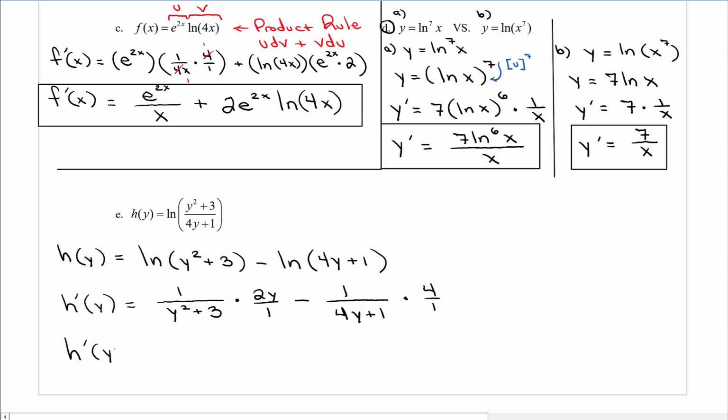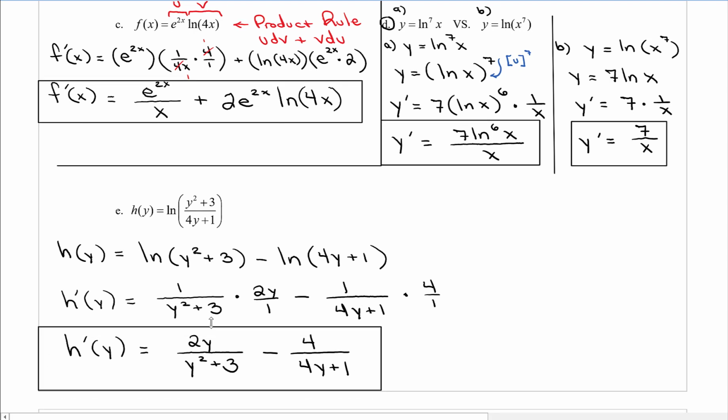And we are using the chain rule here. H prime of y will be equal to 2y over y squared plus 3 minus 4 over 4y plus 1. And we're going to go ahead and box that in, and that's going to be our answer for that problem.